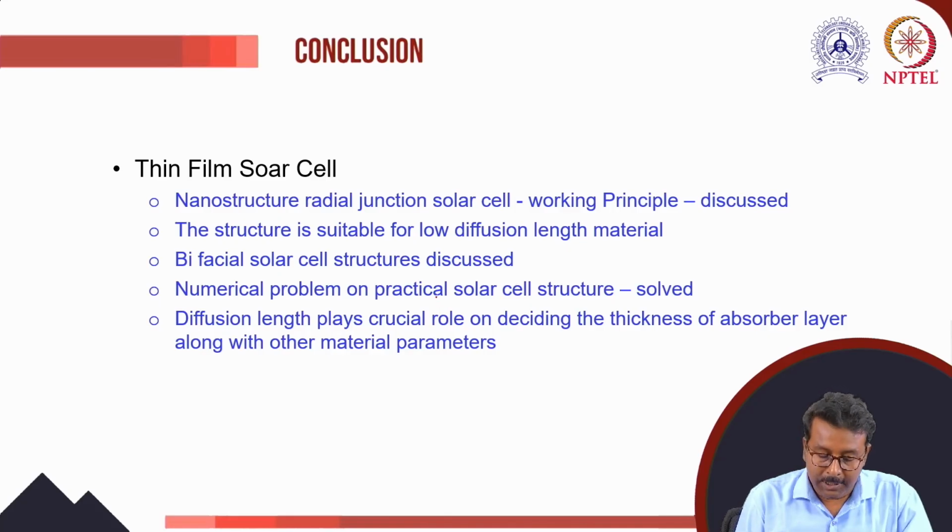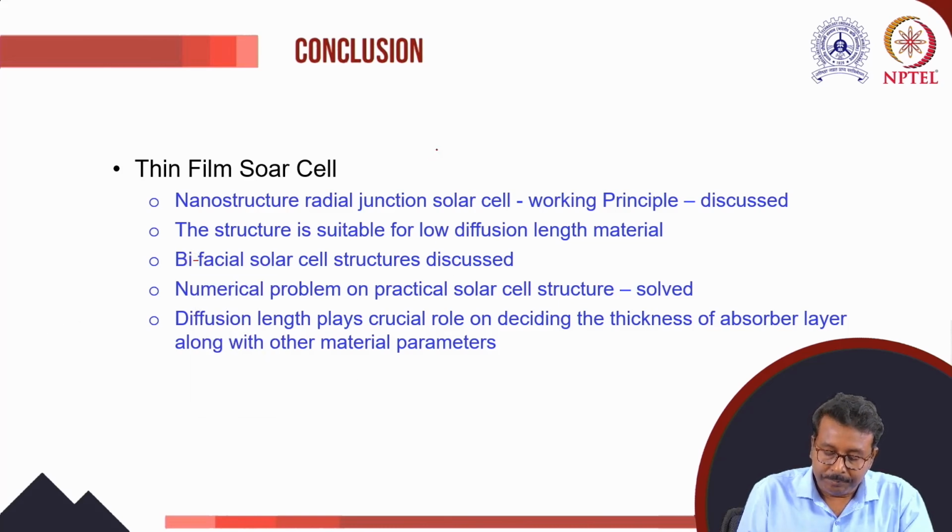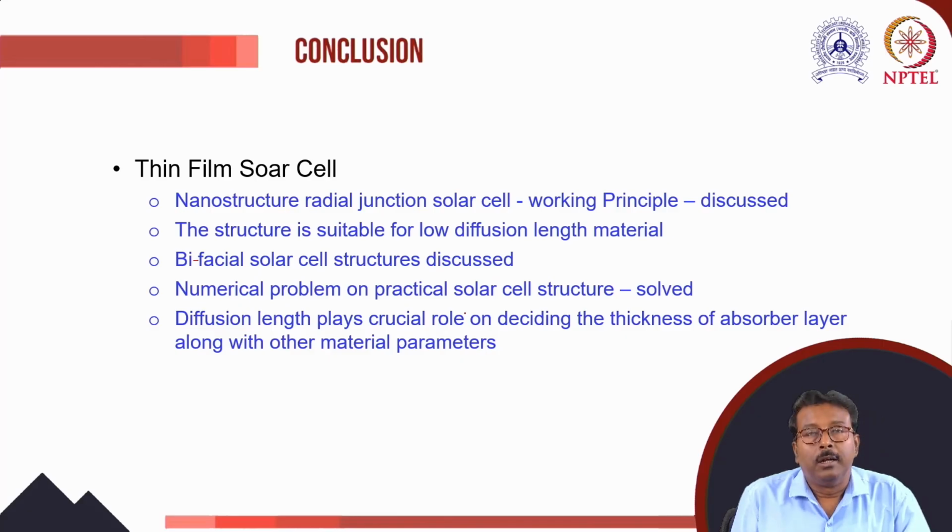So finally, in this lecture we have discussed some nanostructured solar cells, particularly the radial junction nanowire array solar cell, their working principle and their advantages. The structure is particularly suitable for low diffusion length material. The bifacial solar cell structure has also been discussed, and it has the advantage of absorbing more light.